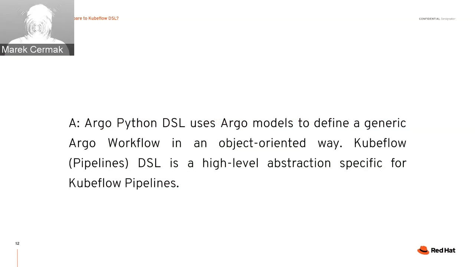So it's basically a low level. Except for the closures and scope, there is no abstraction of these workflows. So you can say that these Kubeflow pipelines and this Kubeflow DSL can in the future be based on Argo Python DSL, by just simply extending it with their own logic.